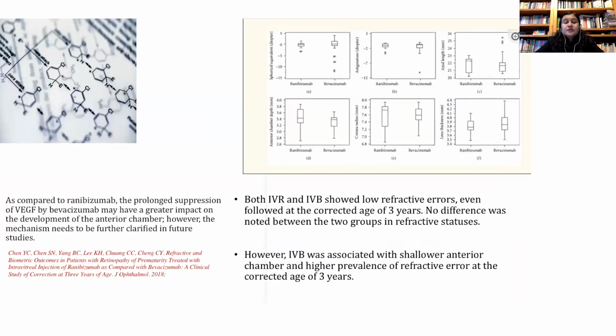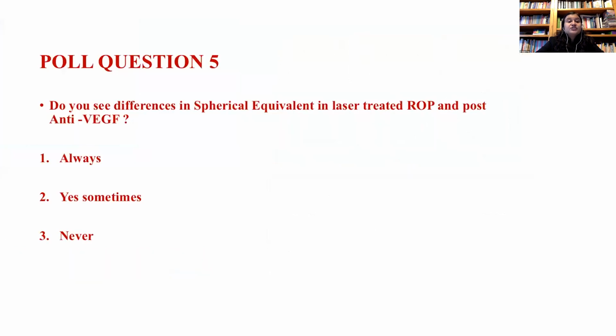This is another study which compared IVR and IVB, and it showed that IVB is associated with a shallower anterior chamber and higher prevalence compared to IVR. The reason postulated is that ranibizumab stays for less time, and the prolonged suppression by bevacizumab can have greater impact on the development of the anterior chamber.